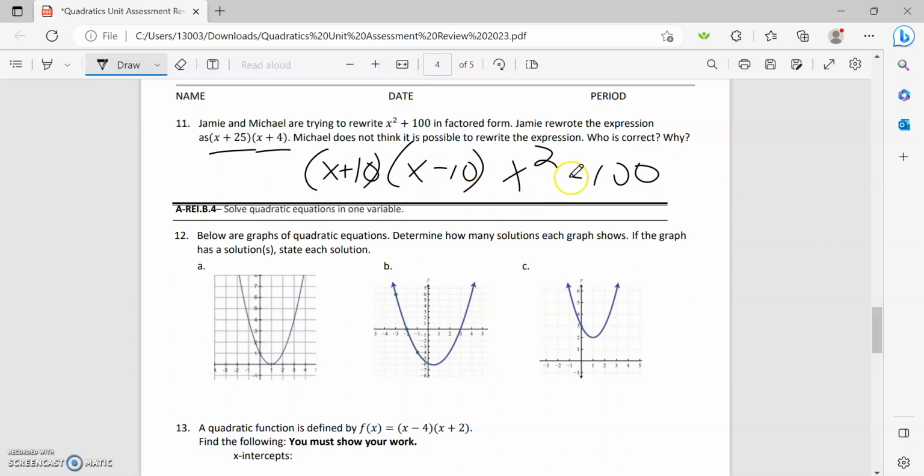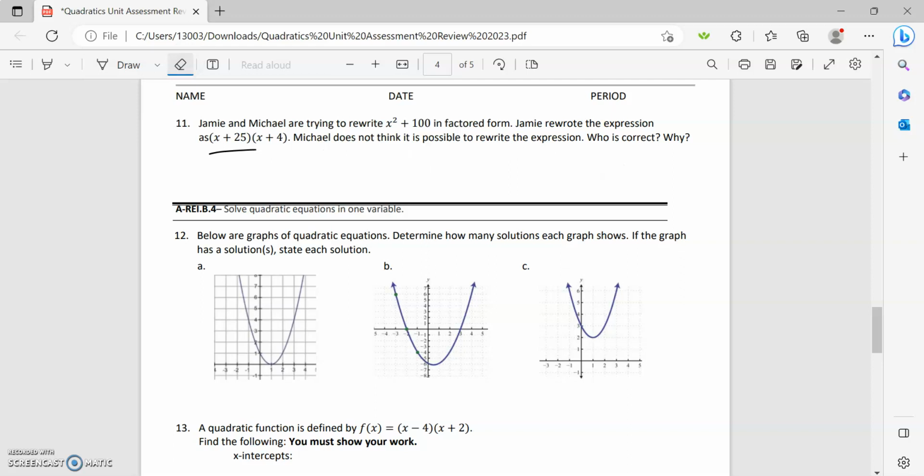The problem is the constant term is negative. So it is actually impossible to get an x squared and a plus 100, a positive number at the end, because we have to do this difference of squares where one sign is negative. So in the end, Michael is right. It is not possible. You cannot do that such that you end with a positive constant term.